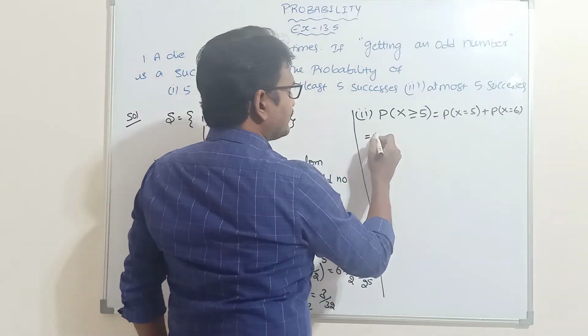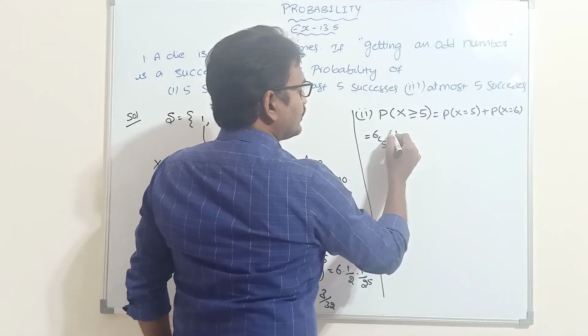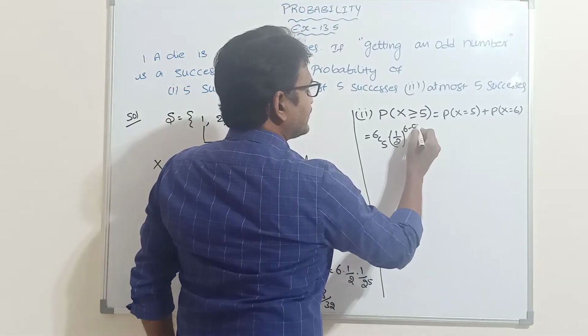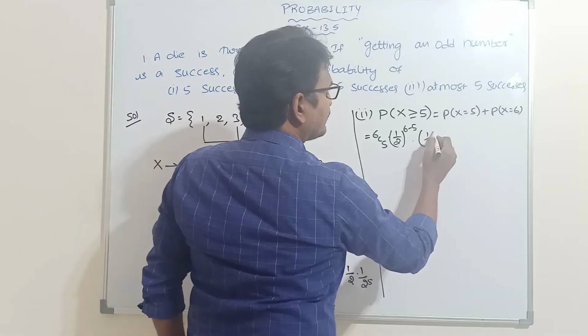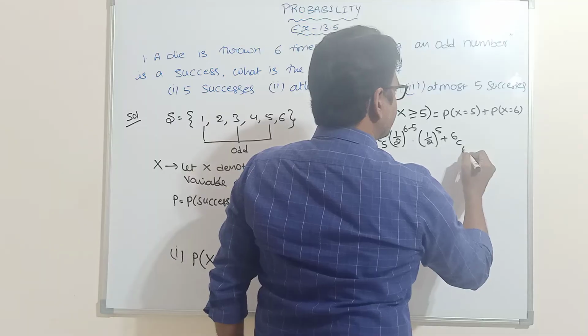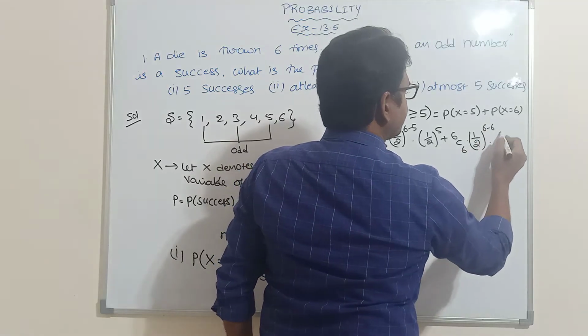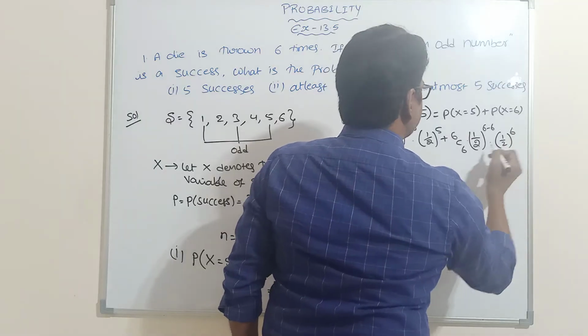So P of x equal to 5 means 6c5 into (1 by 2) power 6 minus 5 into (1 by 2) power 5, plus 6c6 into (1 by 2) power 6 minus 6 into (1 by 2) power 6.